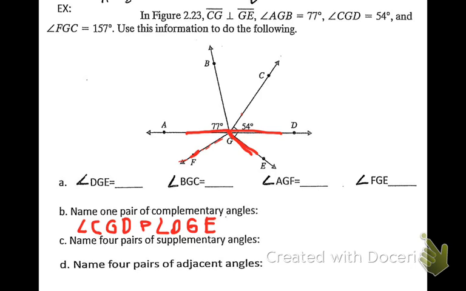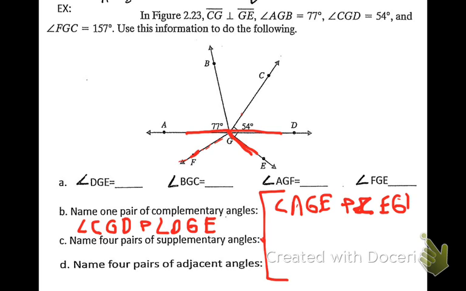The 4 angles, we'll do them right here. We've got angle AGE and angle EGD. That's one pair. We could do AGB and BGD.